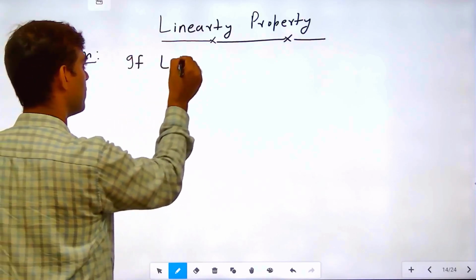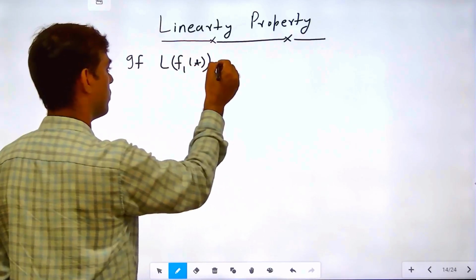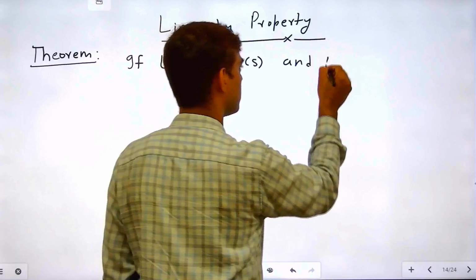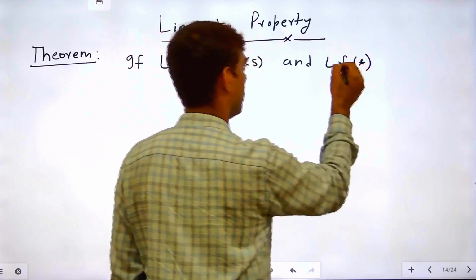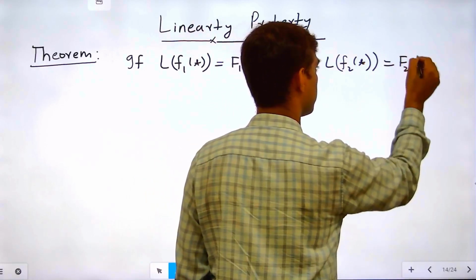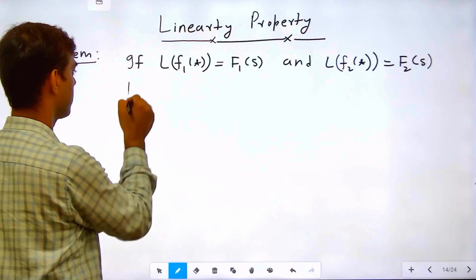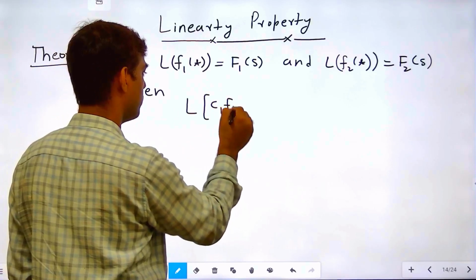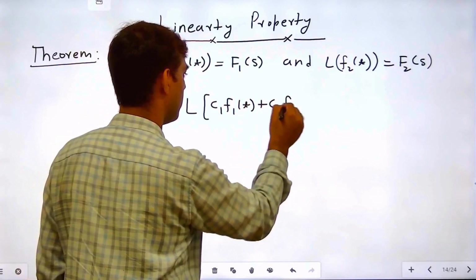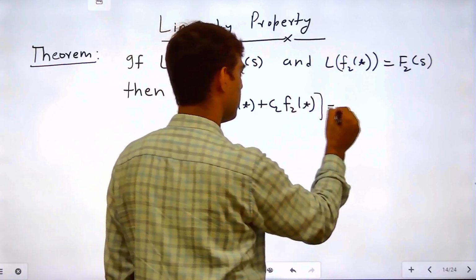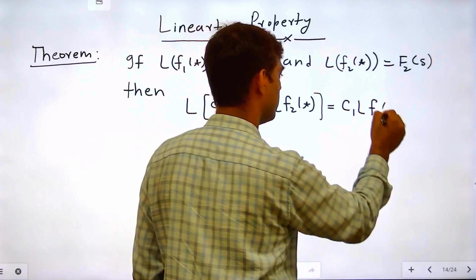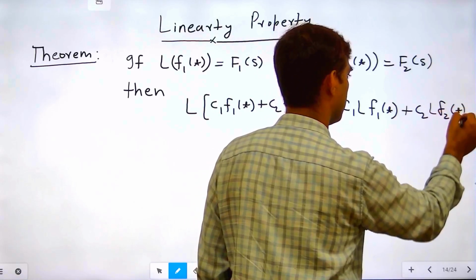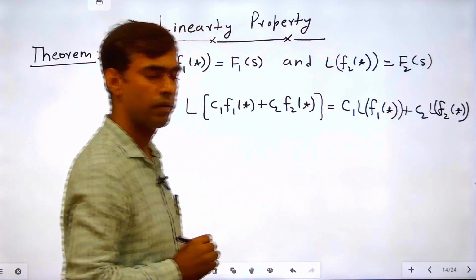Laplace transform of f1(t) equals F1(s), and Laplace transform of f2(t) equals F2(s), then Laplace transform of c1 f1(t) plus c2 f2(t) equals c1 times the Laplace transform of f1(t) plus c2 times the Laplace transform of f2(t).